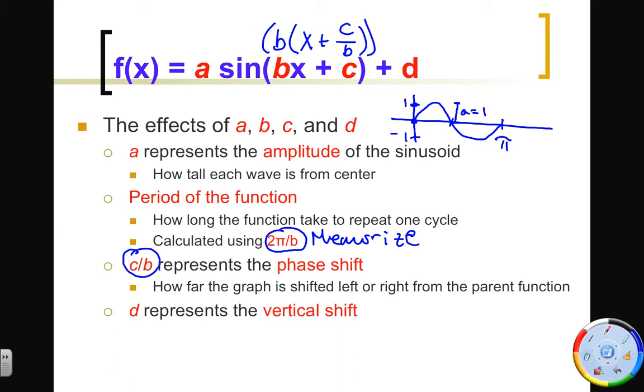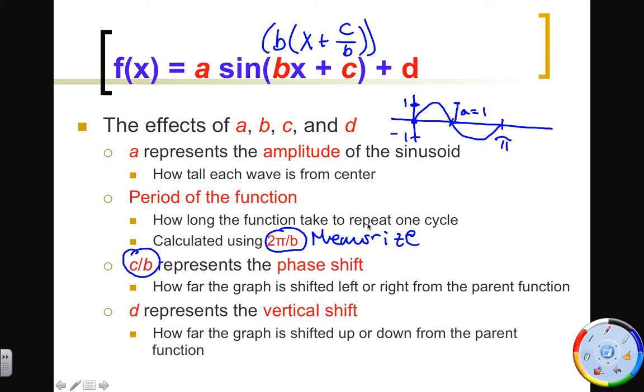And then easy enough, D and A are I think the easiest too. D just moves the function up or down. It's a vertical shift. And you'll notice in this particular function here, D was 0, so it was on the x-axis. Well, here's what I do.